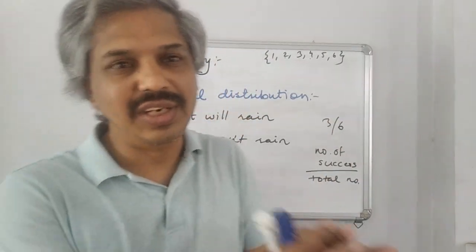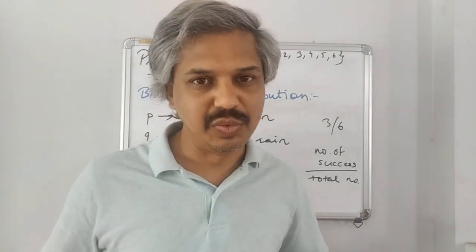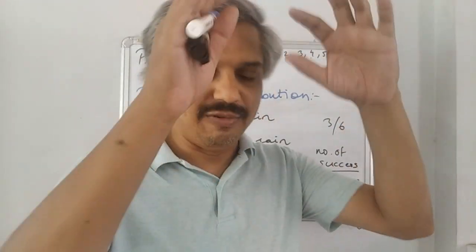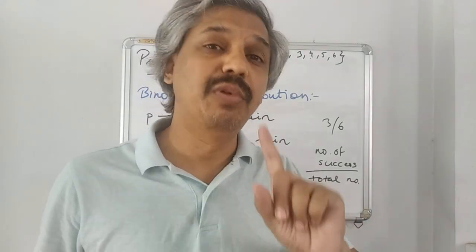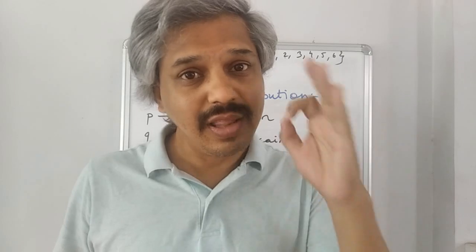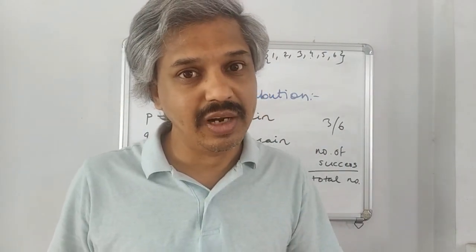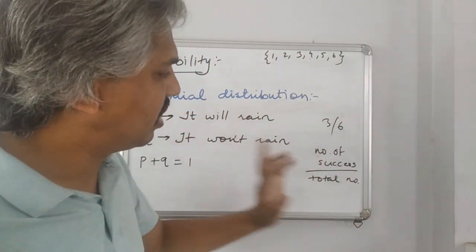Unless someone is catching it, unless something is in between. No, we are not talking about exceptional cases. We are talking about the probability. So every ball thrown upwards will come down. All 4 balls will come down. So 4 upon 4, the answer is 1. It is a certain event. It is certain that every ball that is thrown upwards will come down. So when the probability is 1, it is called a certain event.